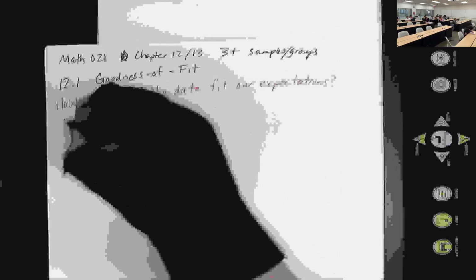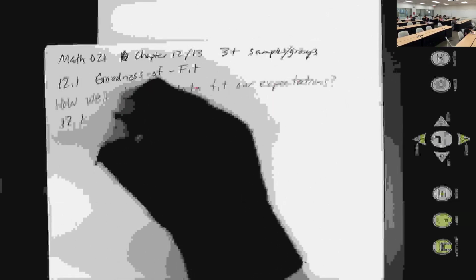So how well or how good, that's where the goodness of fit comes in. This means we've got 3 or more groups. 12.1 is dealing with 3+ proportions.